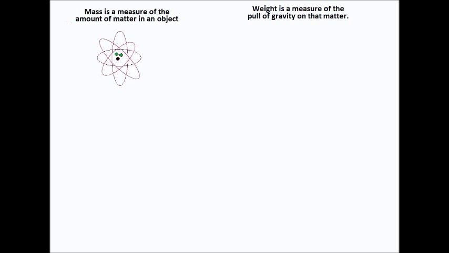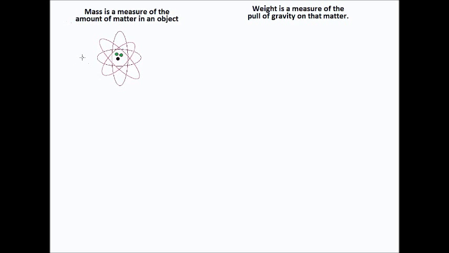That is where the mass of the atom is located. If I were to add another particle in there, its mass would increase by 1. If I add 2 particles in there, its mass would increase by 2. If I take a particle out of the nucleus, its mass would decrease by 1 unit. So the mass of the atom is in the nucleus, and that's where mass comes from.